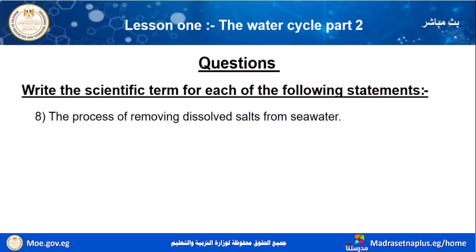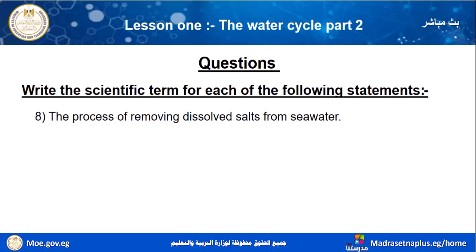Question number eight. The process of removing dissolved salts from sea water. We said there are two types of water, salt water and fresh water. Salt water is about 96.5 percent, while fresh water is about 3.5 percent. So fresh water is very limited.